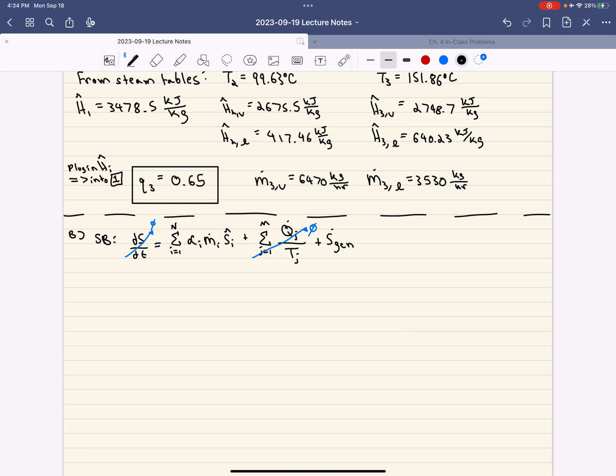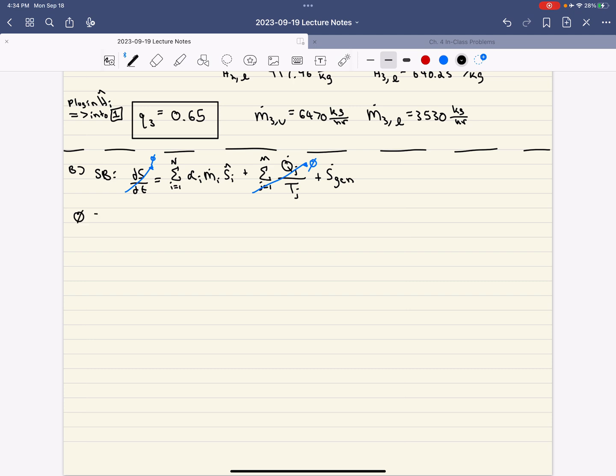And so if we expand out our entropy balance, we have this. And you'll notice that the entropy balance, just like the energy balance, also splits up into the vapor and liquid phases.